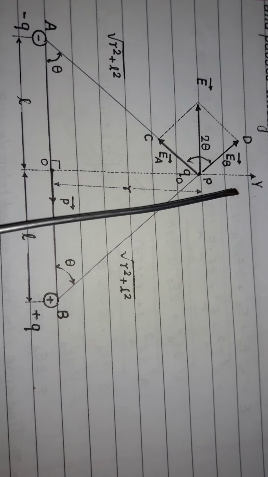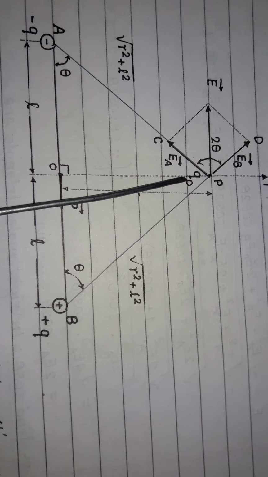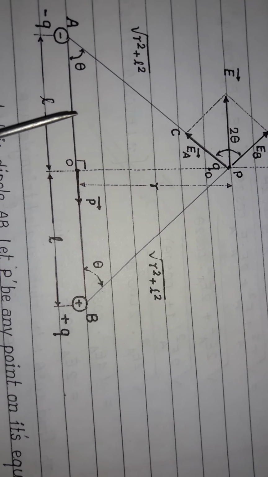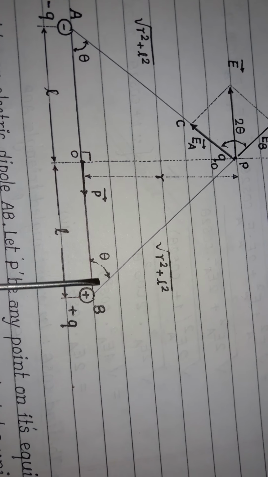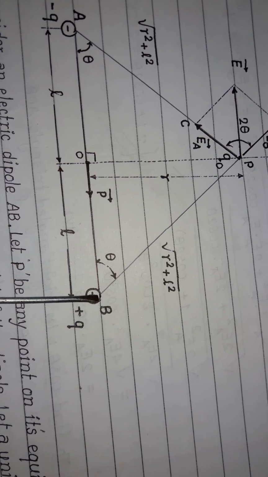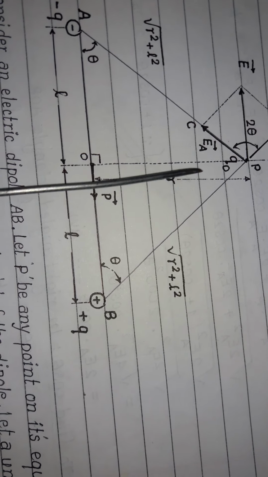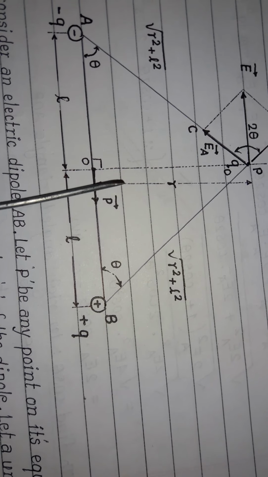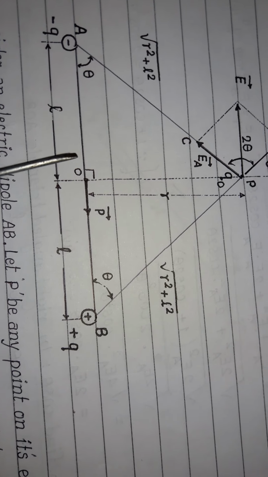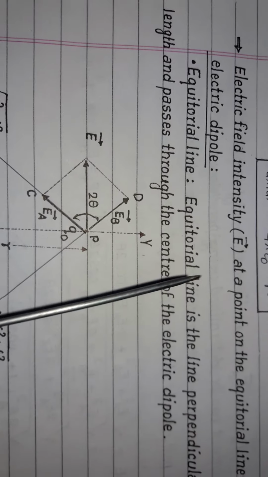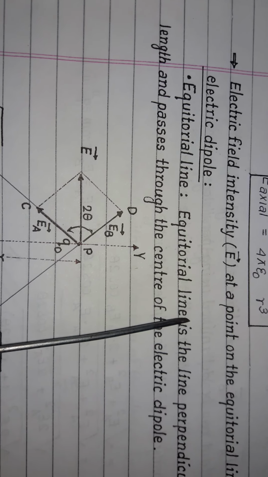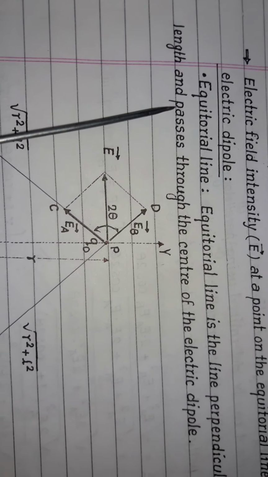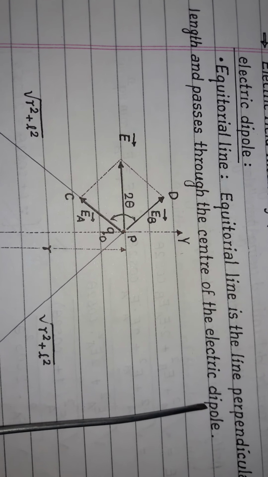Then the line which passes through the center O of the electric dipole and is also perpendicular to the dipole length is known as the equatorial line. Length of separation between the two charges is called the dipole length. So come to the definition. Equatorial line is the line perpendicular to the dipole length and passes through the center of the electric dipole.